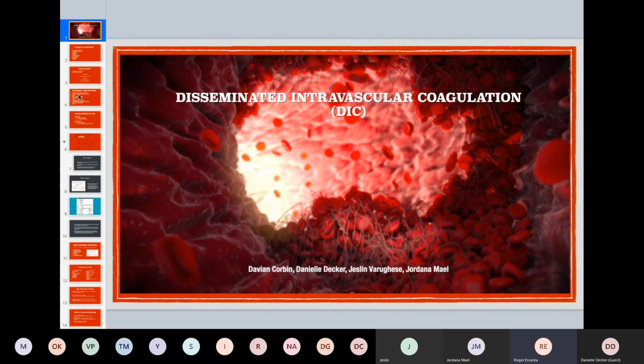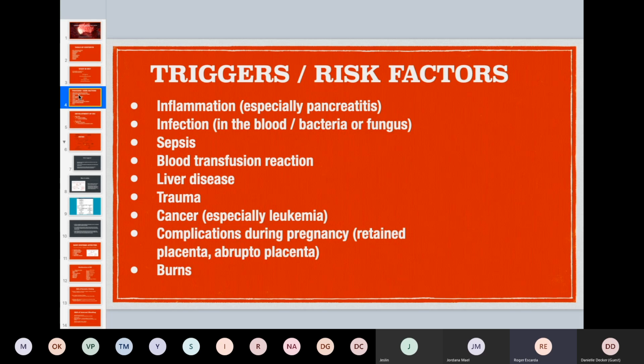They mentioned sepsis, pancreatitis. You have here blood transfusion reactions, particularly hemolytic reactions, liver disease, because the liver, of course, makes the clotting factors of the body. So major trauma, cancer also. In the case of cancer, there are specific types of cancer, like here, leukemia.